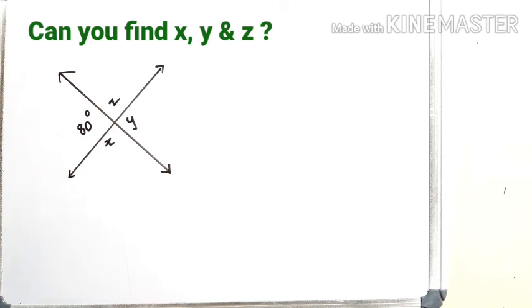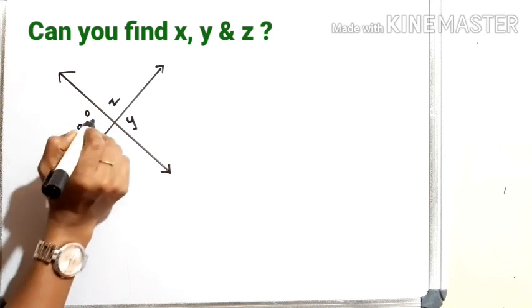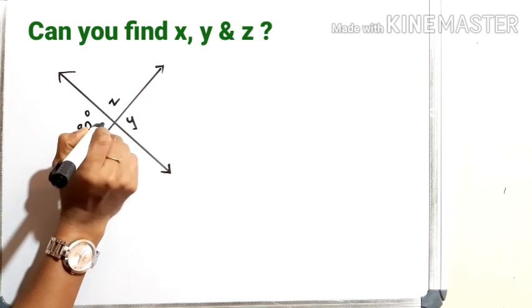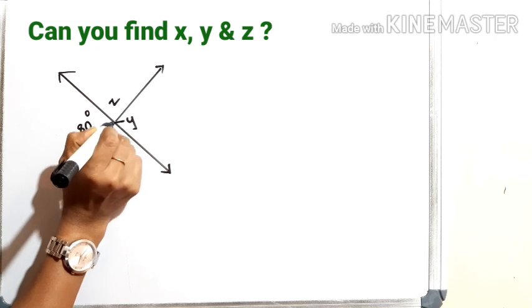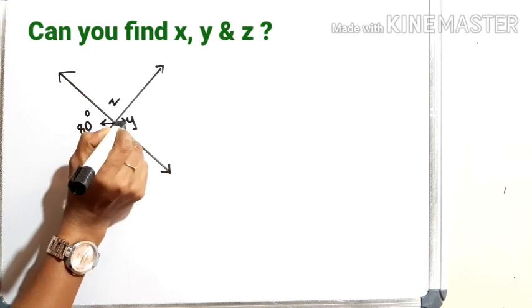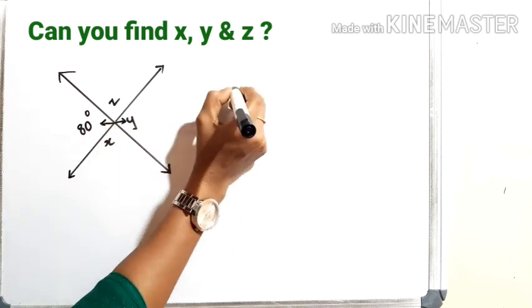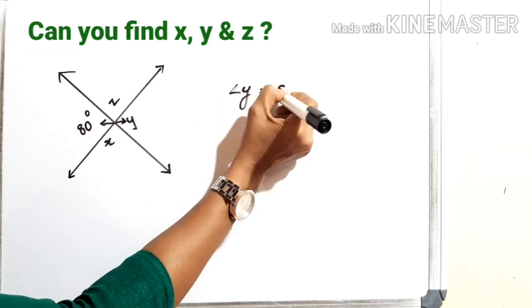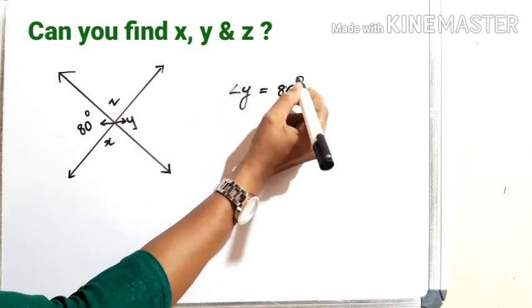We discussed vertically opposite angles are equal. If it is 80 degree, what about the measurement of angle Y? Also becomes 80 degree, right? Therefore, angle Y also equals 80 degree.